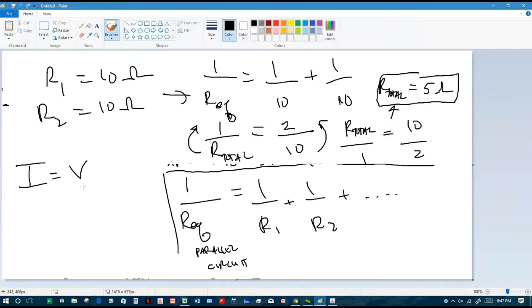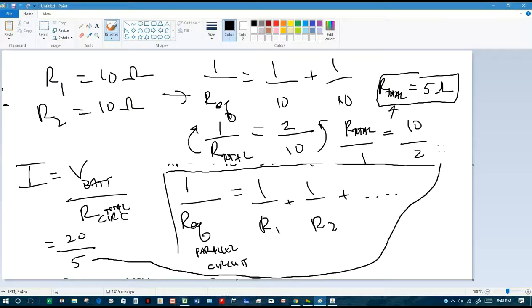It should be the voltage of the battery divided by the resistance of the circuit. So the voltage of the battery was 20 divided by 5, and the 5 comes from the calculation we just did. Total resistance was 5 ohms. That tells us that the current should be 4 amps.